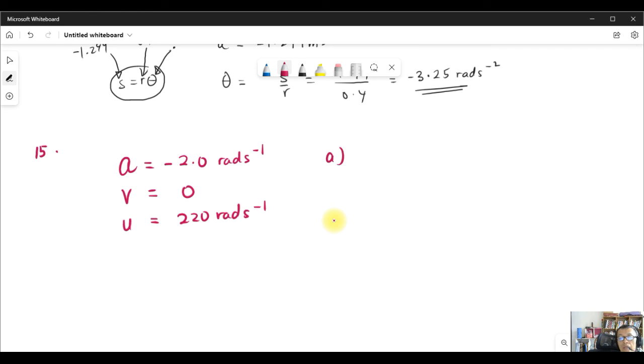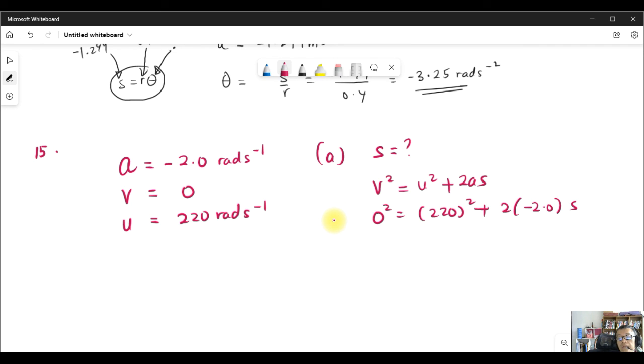So what is the angle through which the rotor turns? They want to know the angle S. So again, we have the same formula, v squared is u squared plus 2as. 0 squared equals 220 squared plus 2 bracket negative 2.0 times S, the angle.